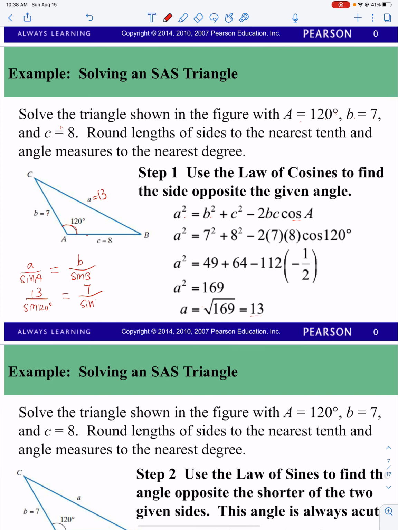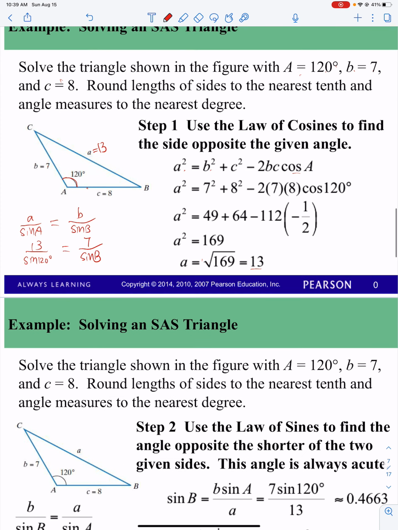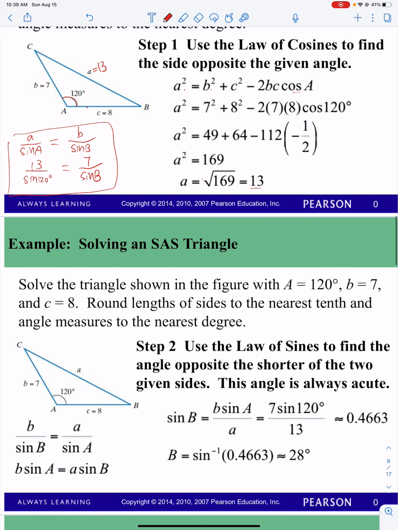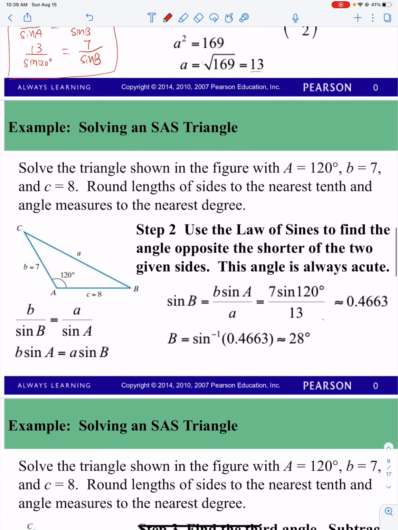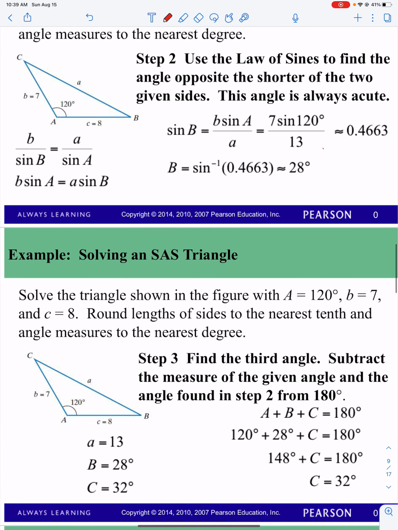This is step 2, which I just explained to you. This gives b equal to 28 degrees.